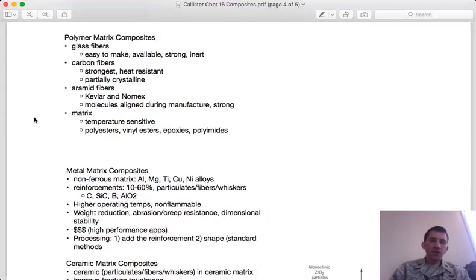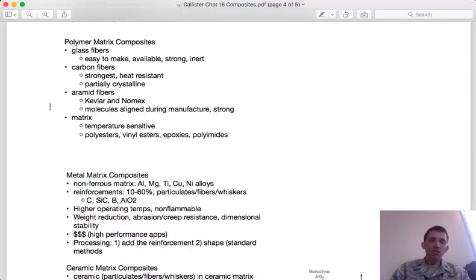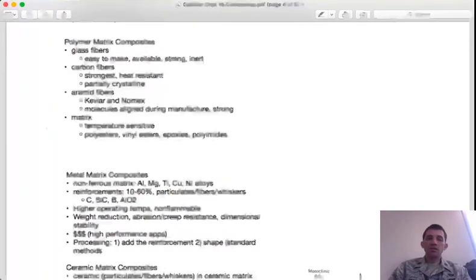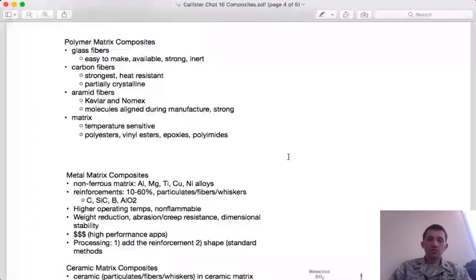Polymer matrix composites, probably the Achilles heel here is that generally the matrix, since it's a polymer, is the limiting factor for the temperature range that these materials can be used in. The matrix material really limits the application in this way, right?